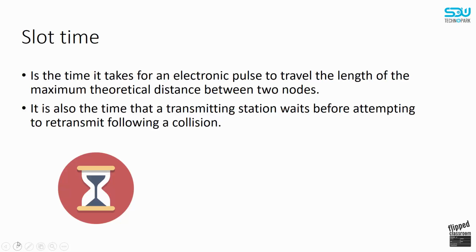We also have the slot time, which is the time it takes for an electronic pulse to travel the length of the maximum theoretical distance between two nodes, and the maximum theoretical distance inside the local area network is 2.5 kilometers. This is also the same time that a transmitting station waits before attempting to retransmit following a collision.